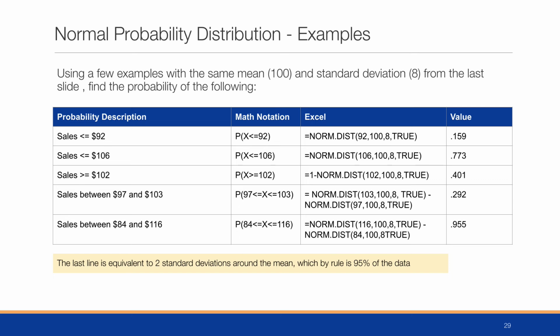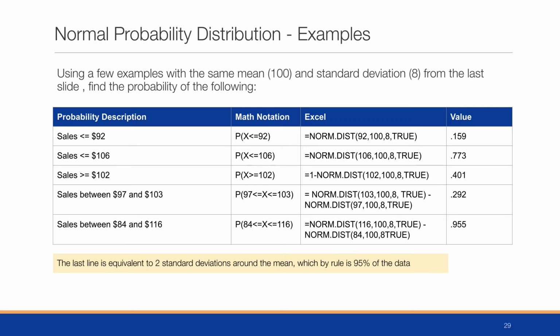Again, we'll do the same thing for greater than 102: 1 minus NORM.DIST(102, 100, 8, TRUE), and that'll give us 0.401. For sales between 97 and 103, we take the NORM.DIST for 103 and subtract the NORM.DIST for 97, and we will get 0.292.